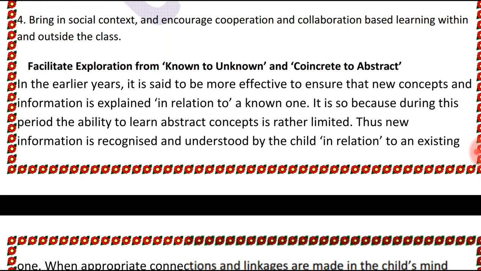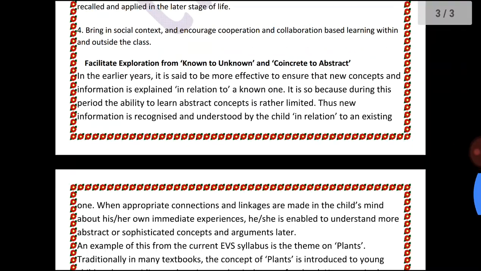In the earlier years, it is said to be more effective to ensure that new concepts and information are explained in relation to a known one. It is so because during this period the ability to learn abstract concepts is rather limited. Thus, new information is recognized and understood by the child in relation to an existing one.